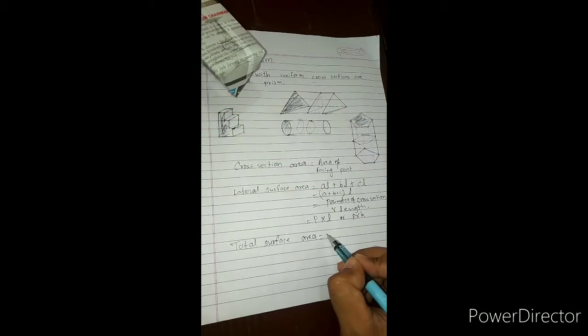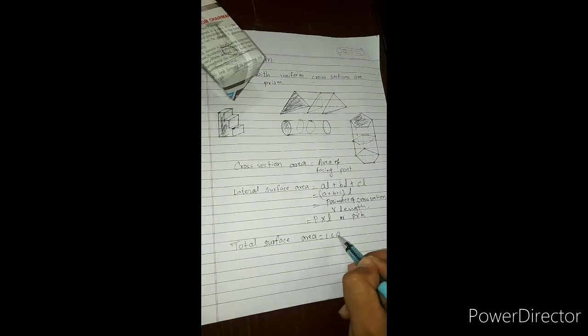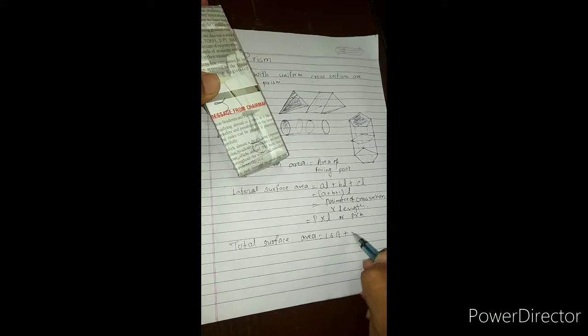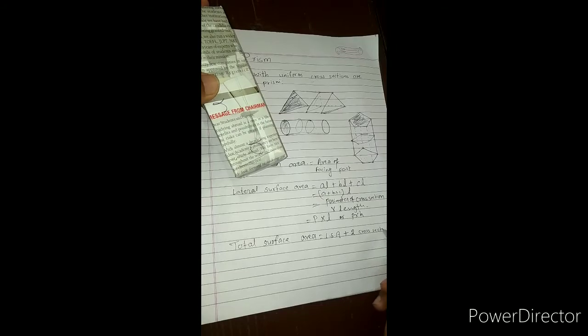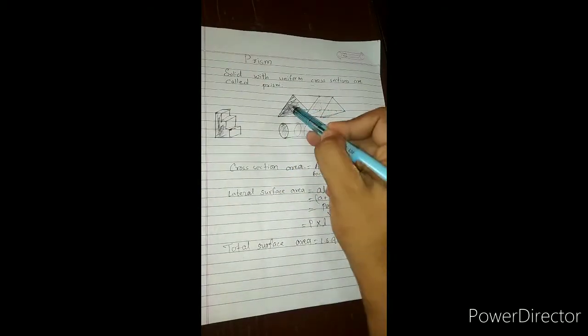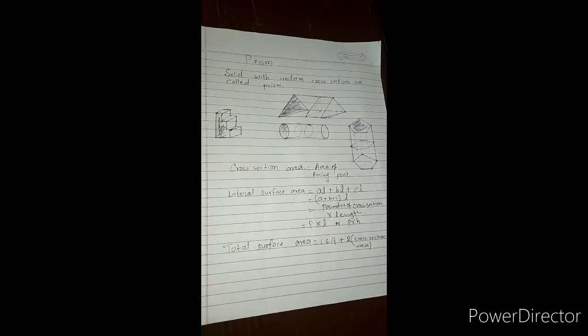So we have to find lateral surface area and then 2 into cross section area, because two faces are there, two triangles are here. In the case of this triangular prism, we can find LSA plus 2 into area of triangle.